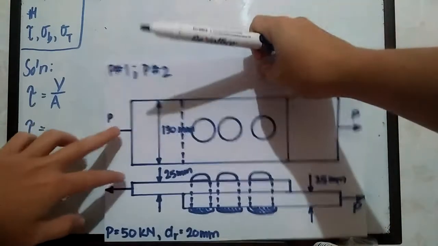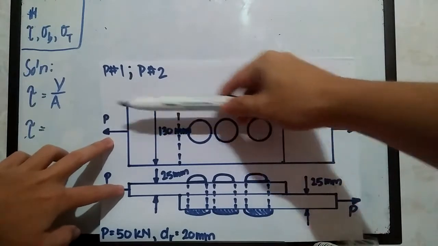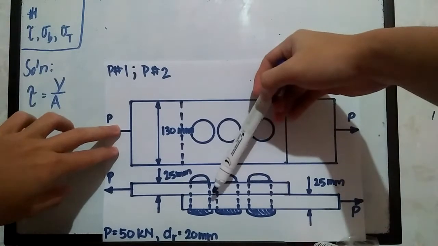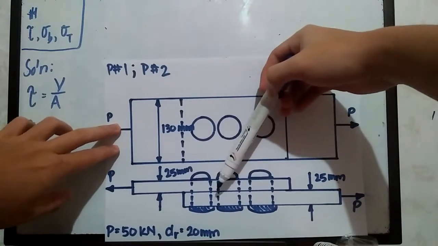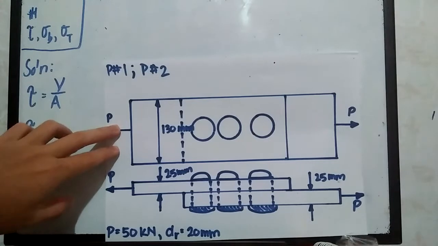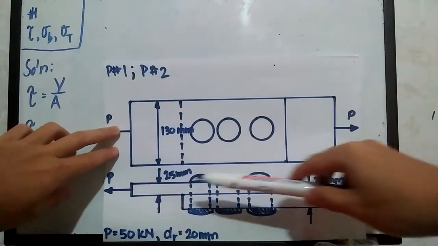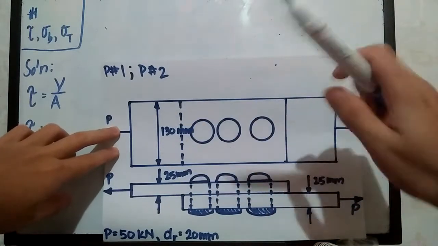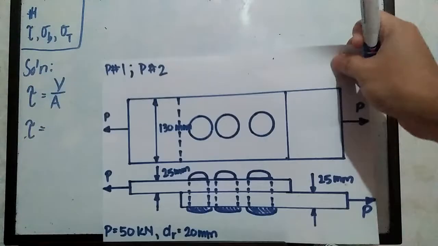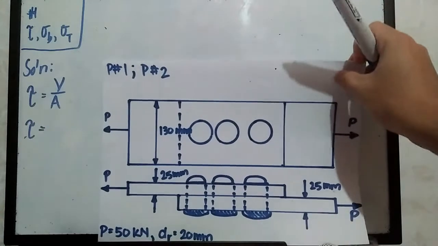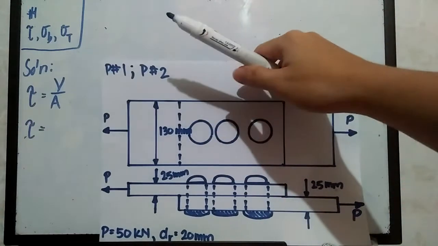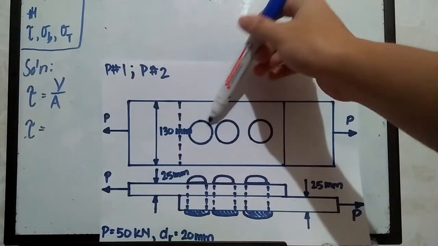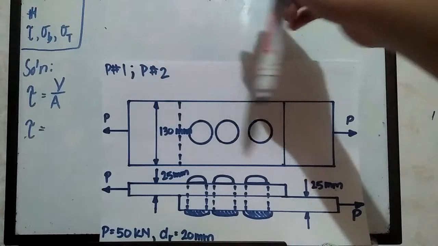So we can simply assume that P is acting to the left and then to the right, as you can see here on the side view of our free body diagram. The ones resisting that shear force are the rivets. Since we have three, this is a triple shear, but the problem stated that the force is evenly distributed through these three rivets.